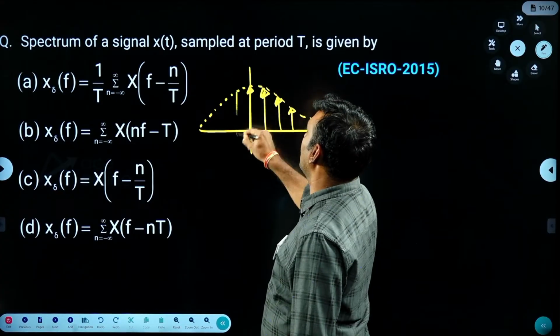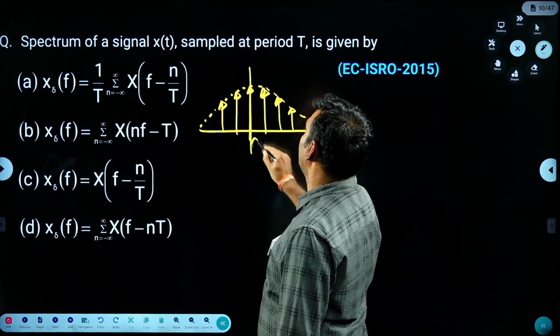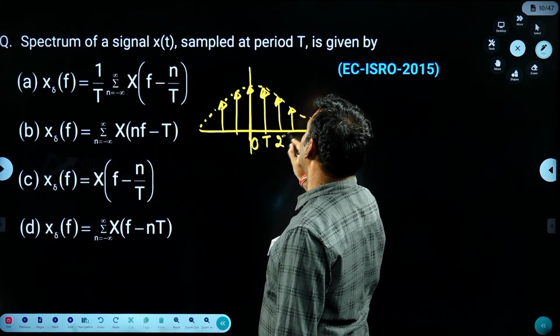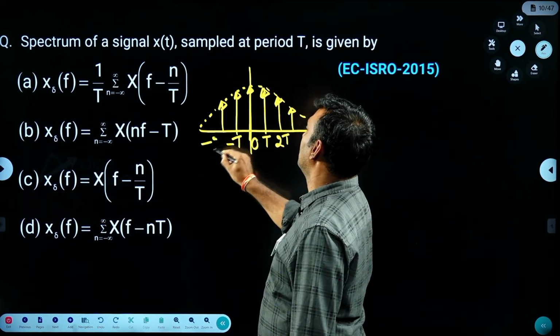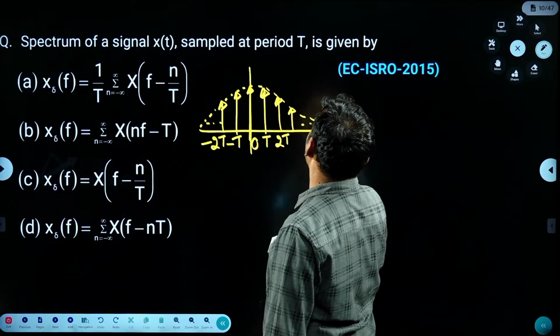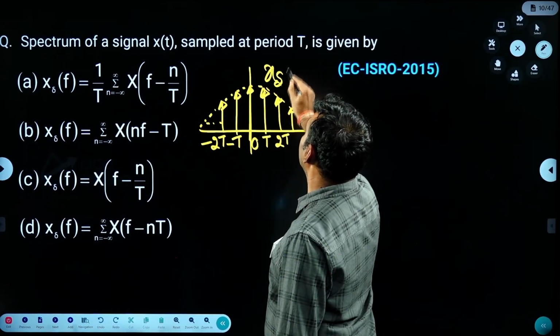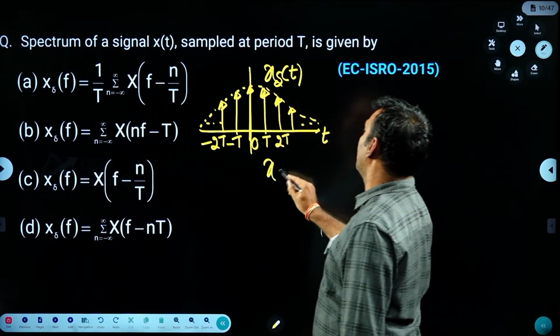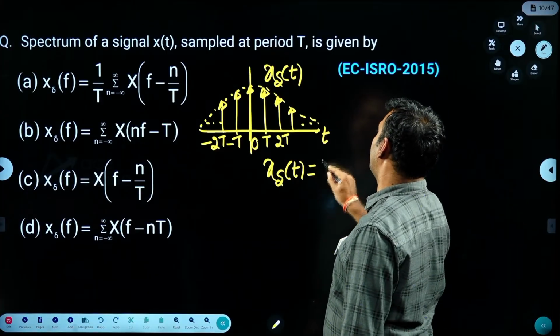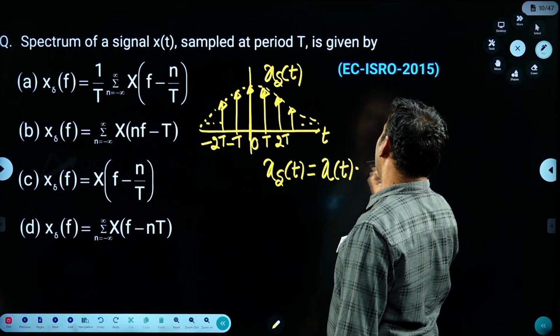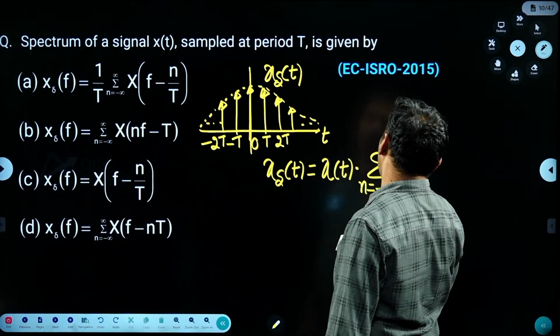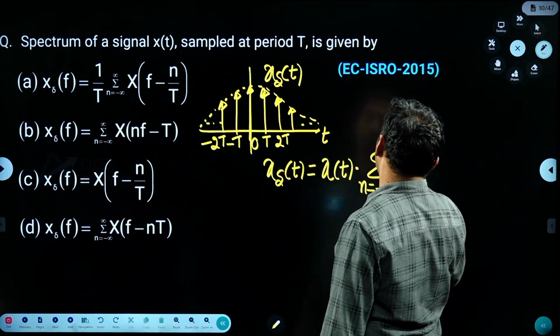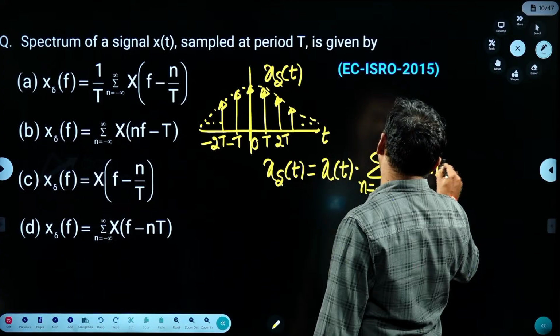The sampled signal is the product of a continuous signal with a periodic impulse train. So x delta of t is simply x of t into sigma n from minus infinity to infinity delta of t minus nTs.